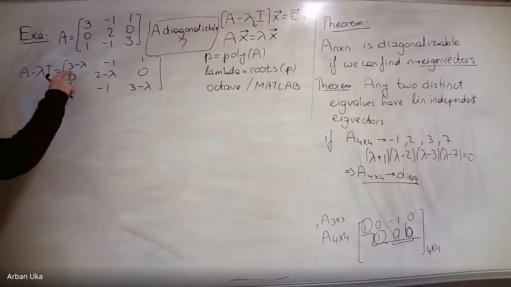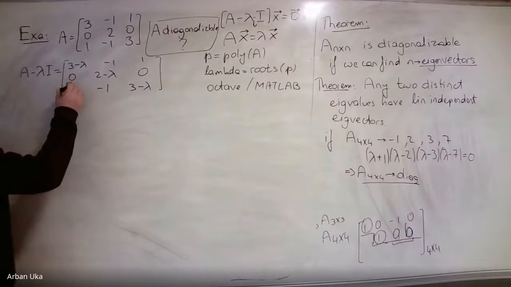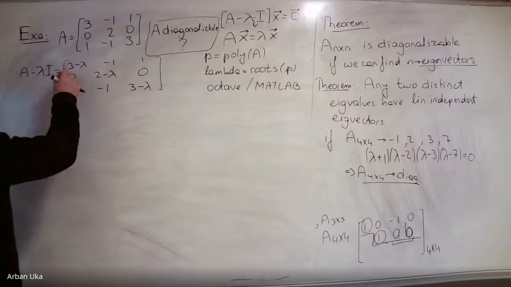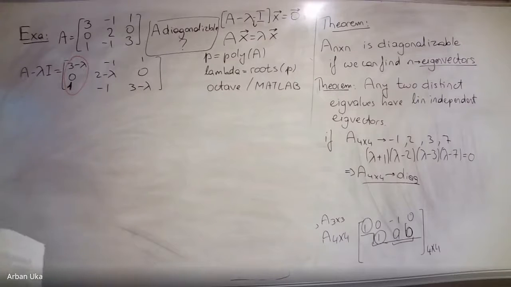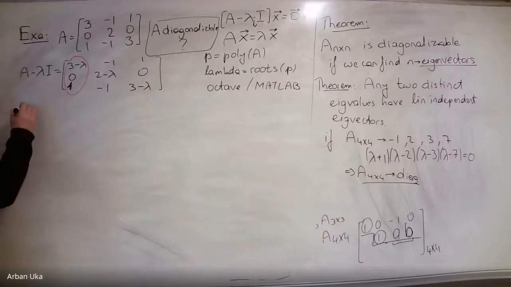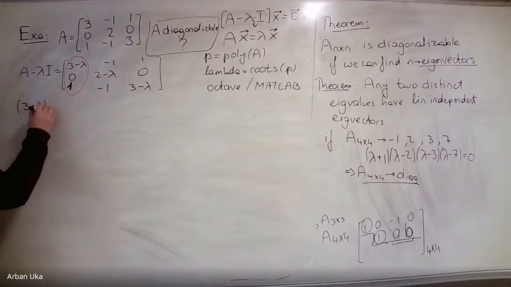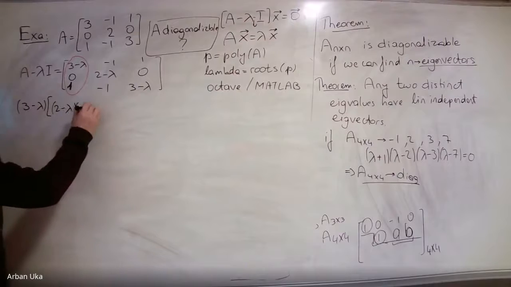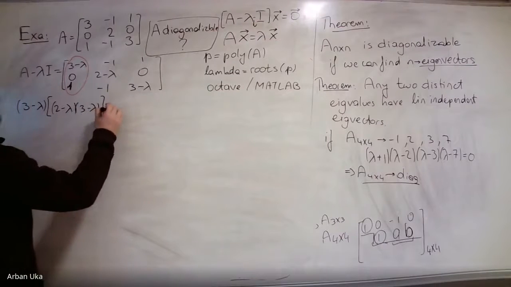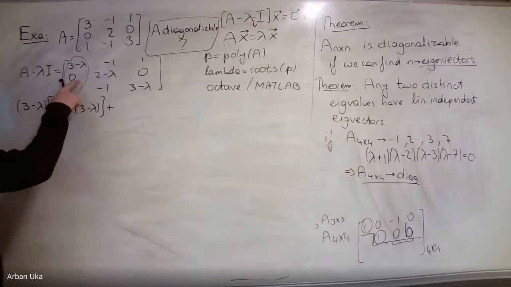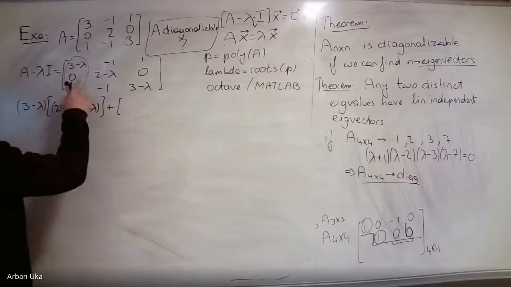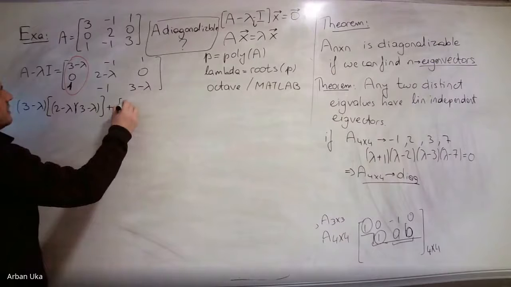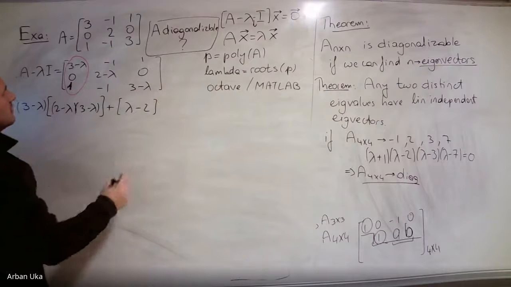So this is the matrix, and then we have to write down the determinant of this matrix, which should be equal to 0. Let's expand this matrix along the first column because we have a 0 here. Then we get 3 minus lambda times 2 minus lambda times 3 minus lambda plus 1 times 1 times 0 minus lambda minus 2. Right?